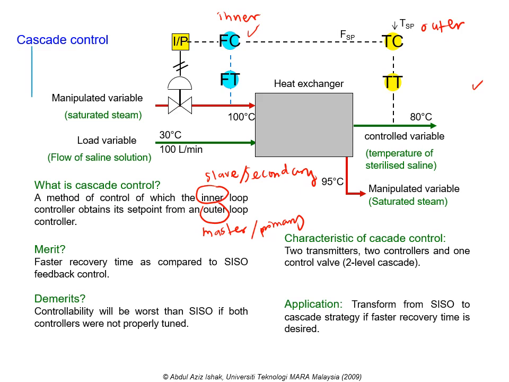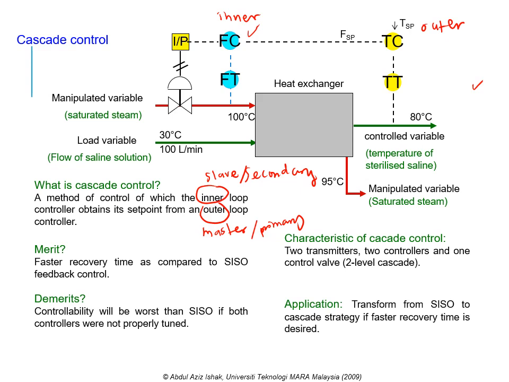The advantage of the cascade control system is that it has a faster recovery compared to the feedback control. The disadvantage of using a cascade controller is that controllability will be worse than SISO if both controllers are not properly tuned.